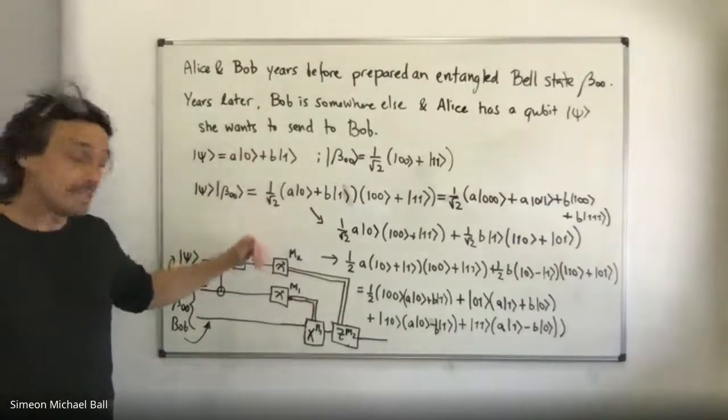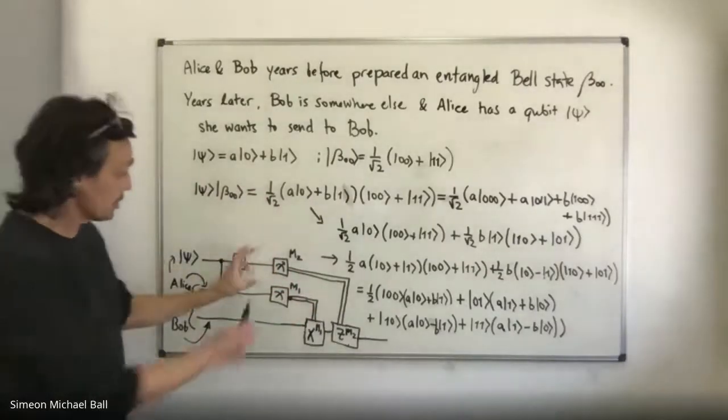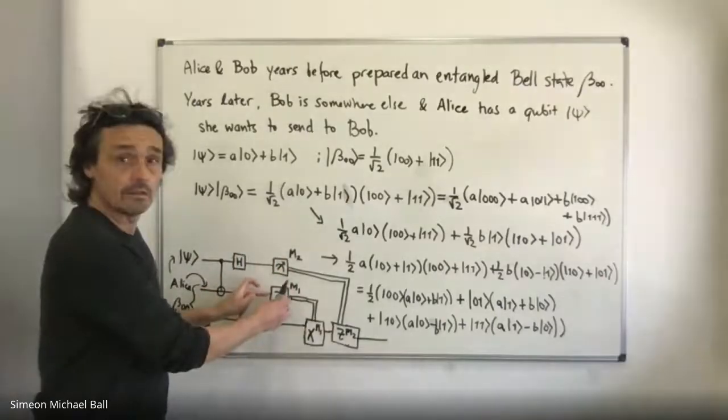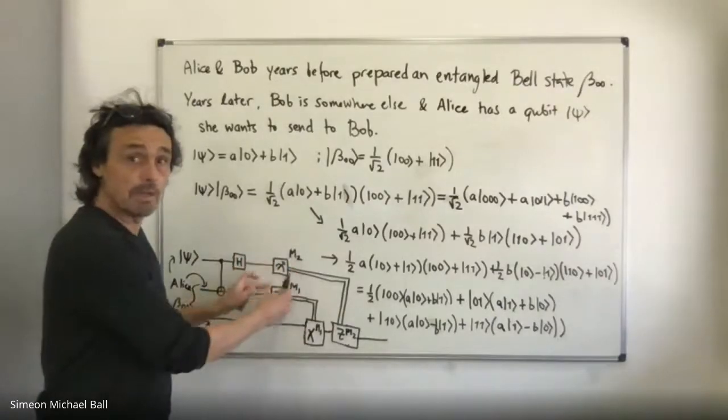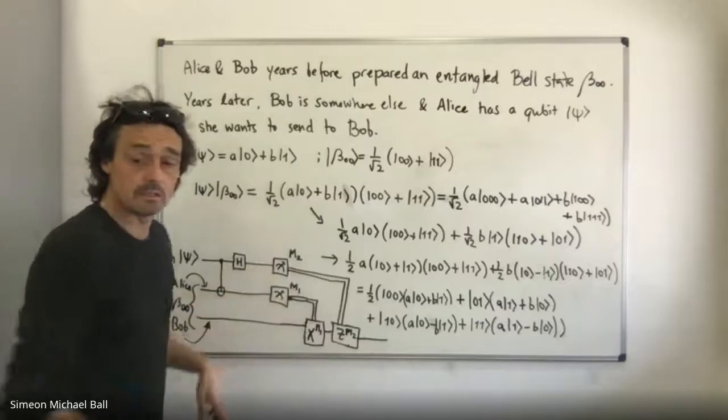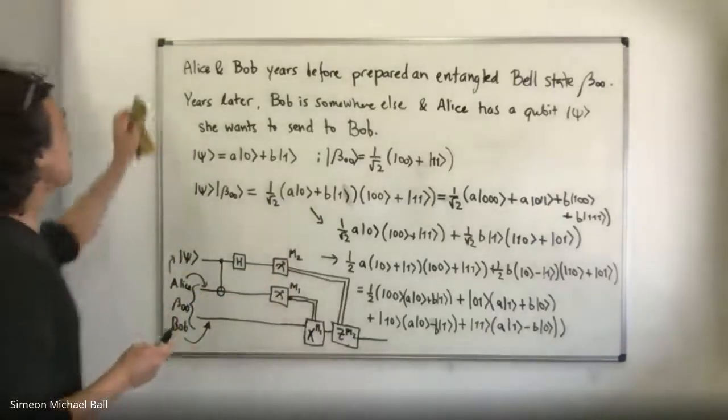So now Alice has in her possession these 2 qubits. Okay, so she could measure these 2 qubits. So now Alice measures.